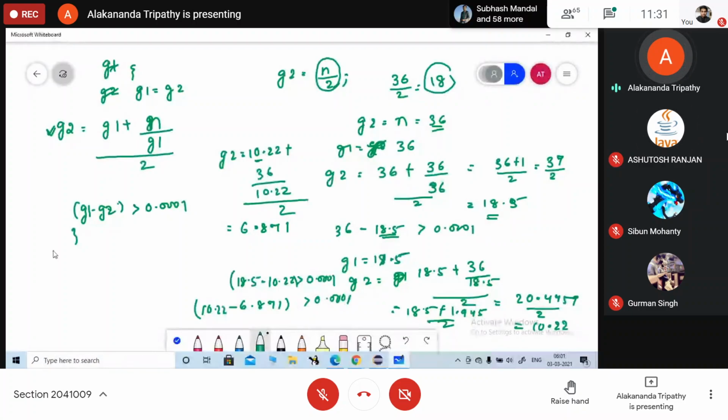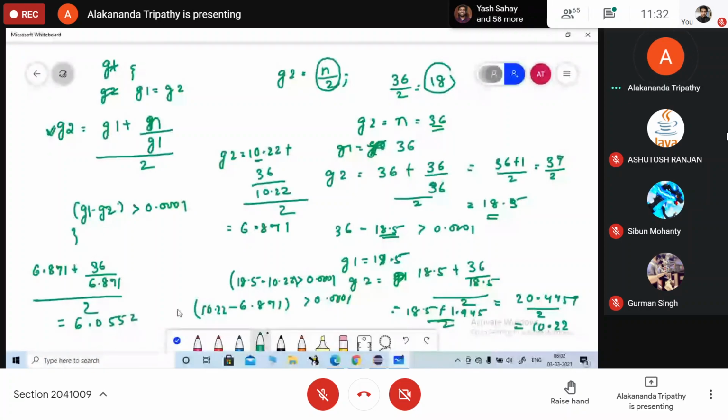Okay, again you need to do another one step, whole divided by 2. Now you are getting the answer as 6.0552.